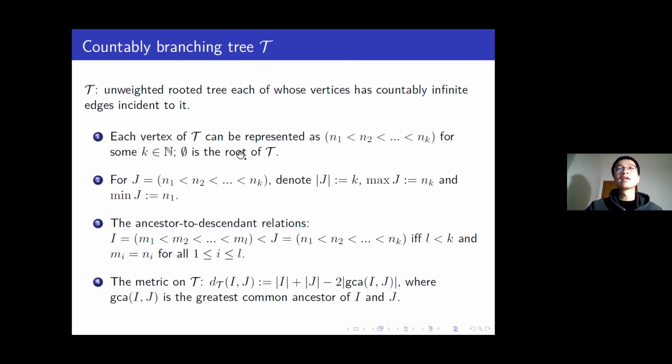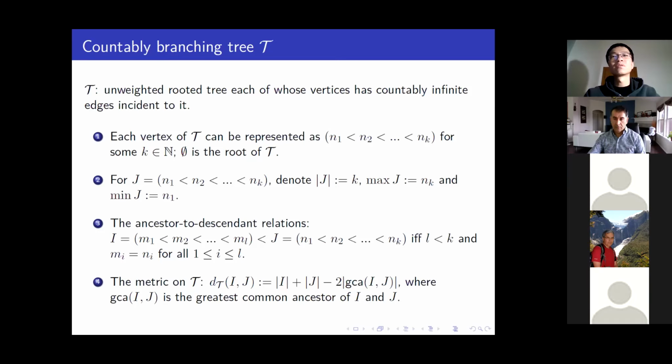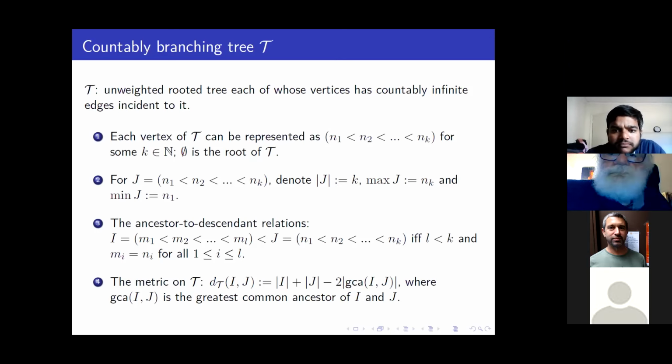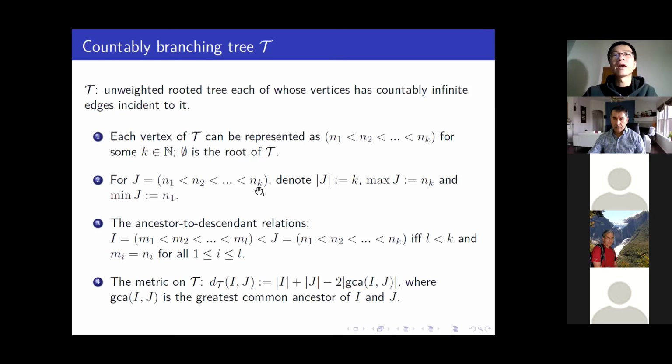Each vertex of T can be represented as a finite subset of natural numbers in this way, (n_1, ..., n_k). For example, J is a vertex of T, and you can write it as (n_1, ..., n_k). The k here we say is the length of this vertex, or the height of this vertex, or sometimes the level where the vertex sits. And max J is just the maximum number in J, it's n_k, and min J is just the minimum number n_1.